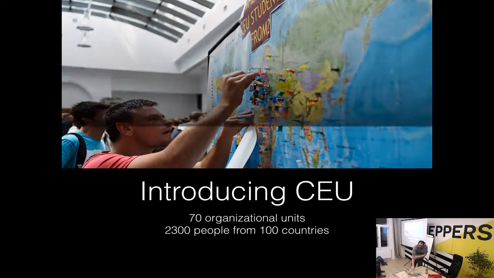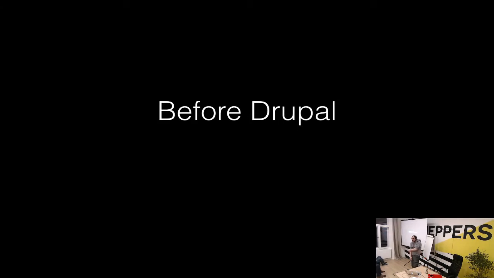Okay, so how it all started. I was the first joining CEU as a Drupalist, and that was 8 years ago. So let's take a look at how it was before Drupal at the university. Before Drupal, contractors built sites for the university one by one.